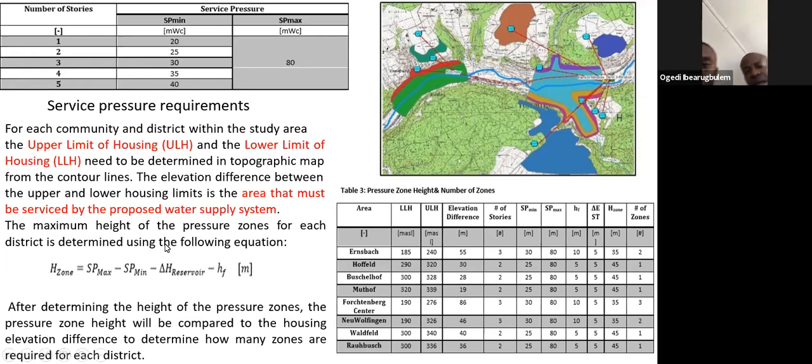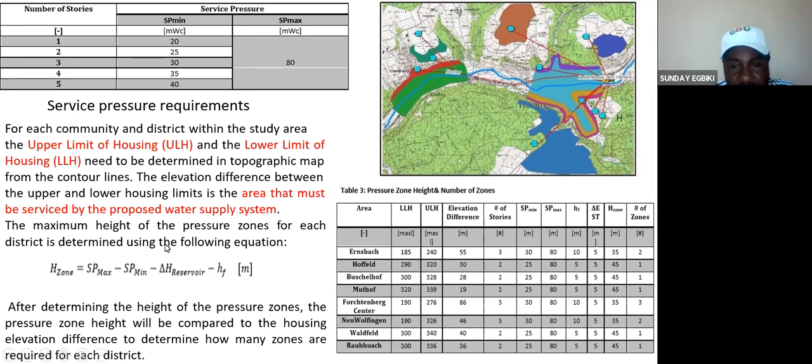Now, when you get that elevation difference, the difference between the upper limit of housing and the lowest limit of housing, the next thing is to calculate the height of zone of the estate. The height of zone is given by this formula: SP maximum minus SP minimum minus the depth of the reservoir tank you are proposing.